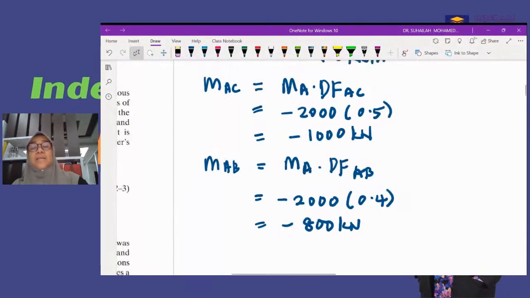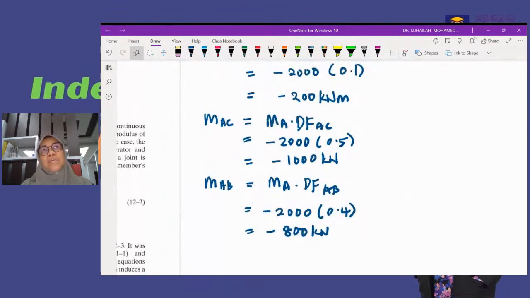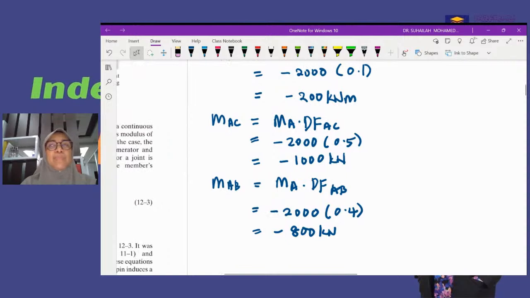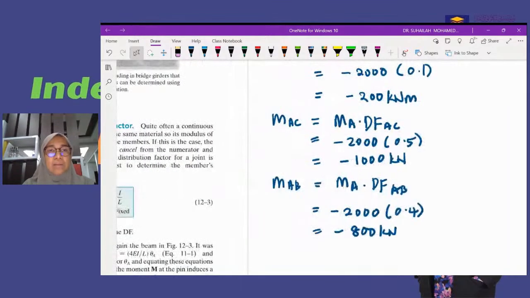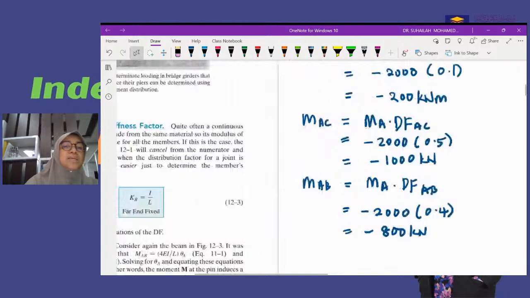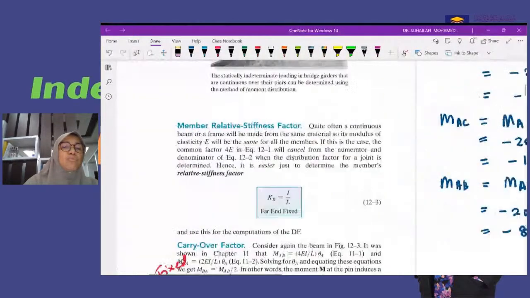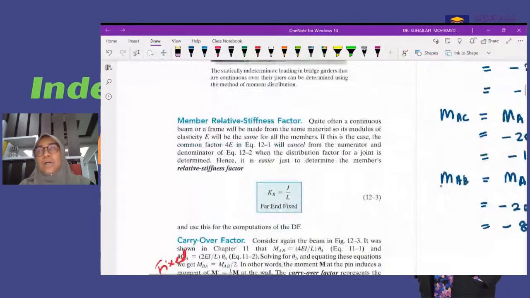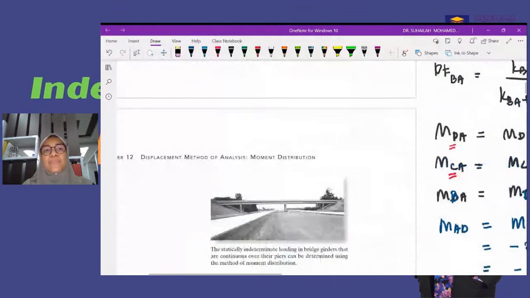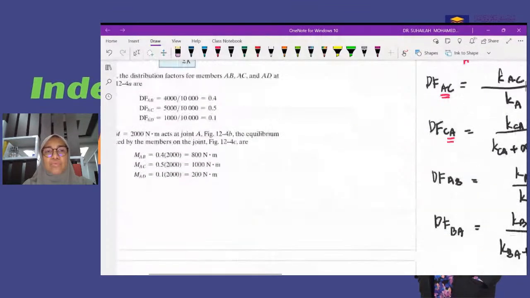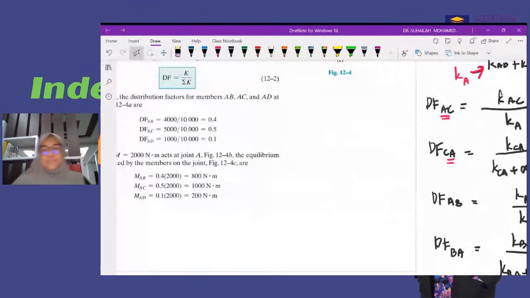This is actually the process that we are going to apply in the table. We do it in the table repeatedly, repeating the process again and again until the moment reaches zero value.